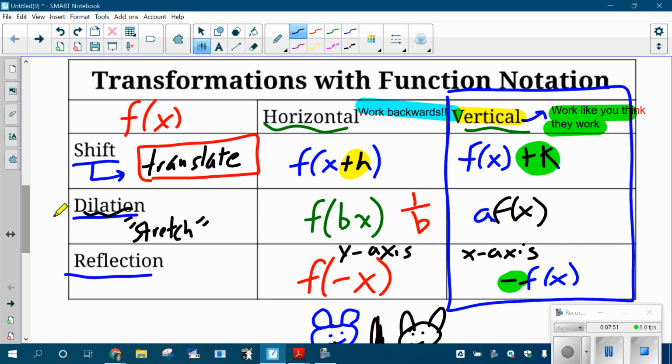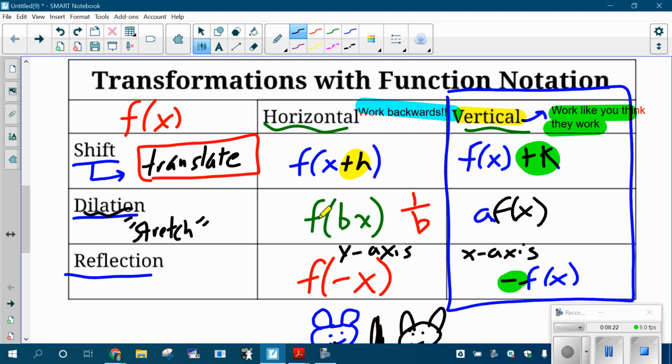Okay? So if I was going to give my 30-second summary, I'll do it one more time because this is really important. Everything on the outside is a vertical transformation. Addition shifts it up and down, multiplication dilates it, and a negative reflects it vertically, which is a reflection over the x-axis. On the outside is vertical transformations, and they work like you think they work. +3 moves it up 3, times 2 makes it twice as tall.